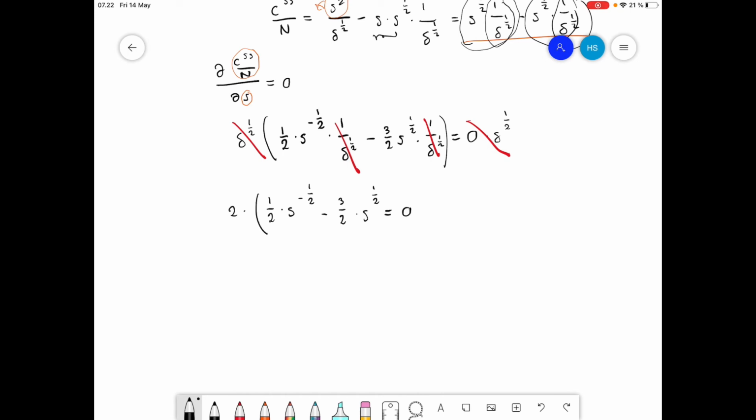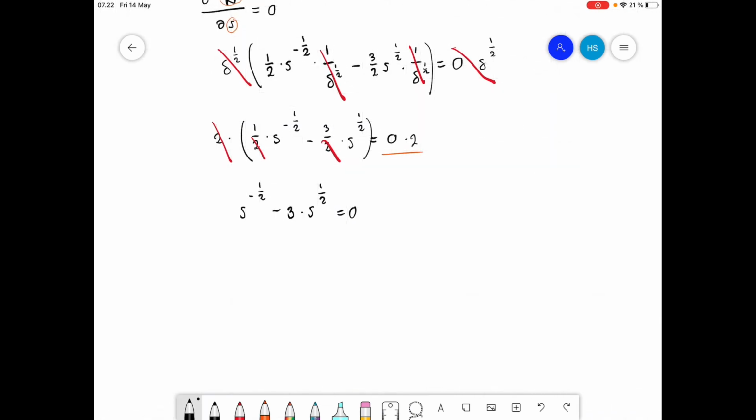Now we can multiply by 2 on both the left hand side and the right hand side. If we do so, the 2 will cancel out with the 2 here. So we're left with the savings rate raised to minus 1/2 minus 3 times the savings rate raised to 1/2. This should be equal to 0, remember. Here we have 0 times 2, which is just a 0.